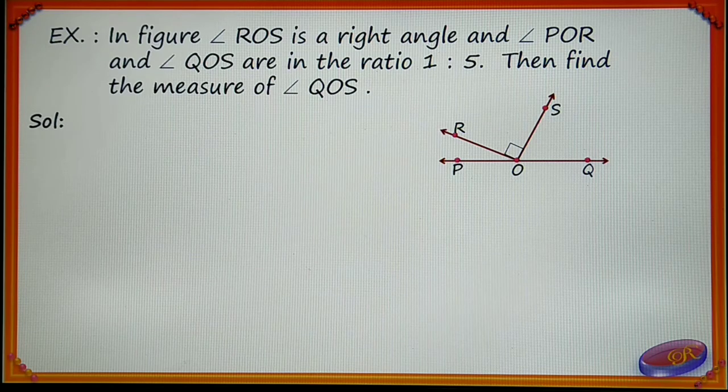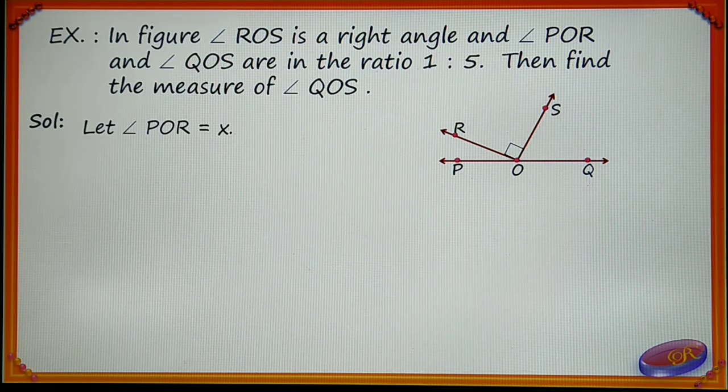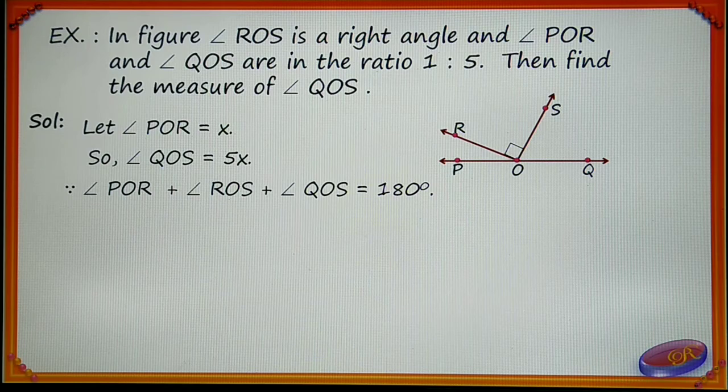Let angle POR be equal to x. So, when they are in the ratio 1:5, therefore angle QOS is equal to 5x. Therefore, angle POR plus angle ROS plus angle QOS is equal to 180 degrees.